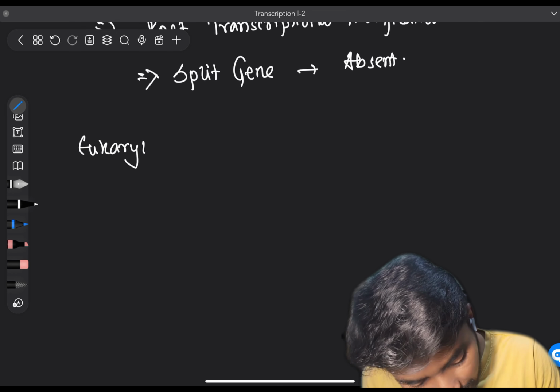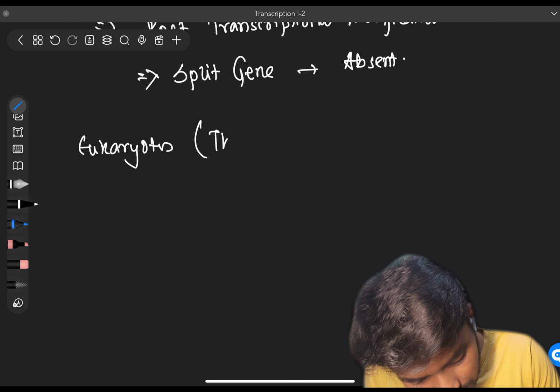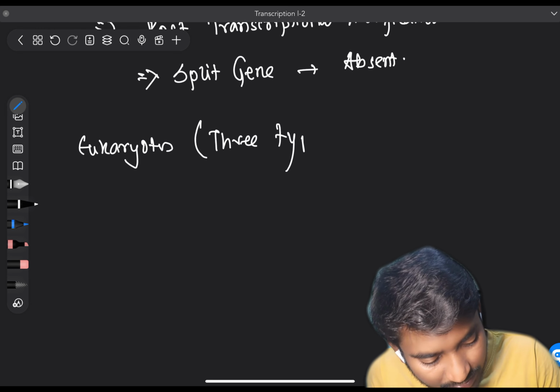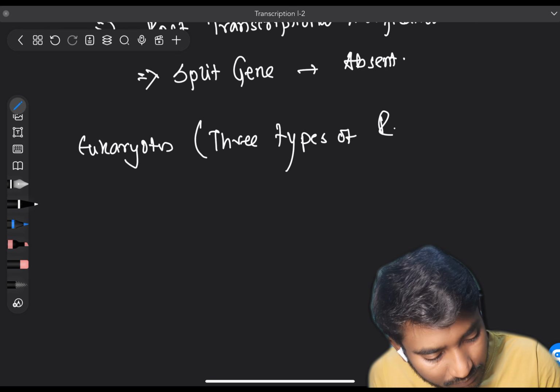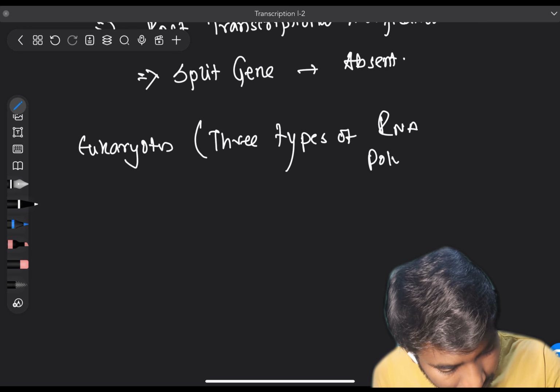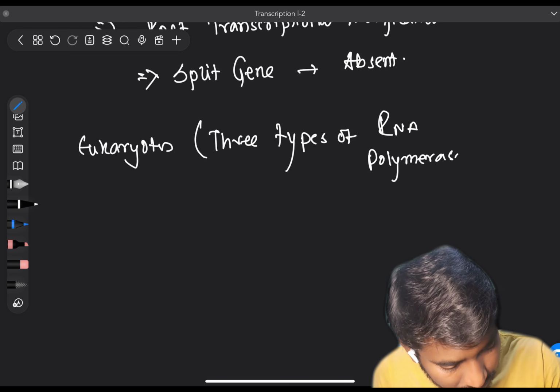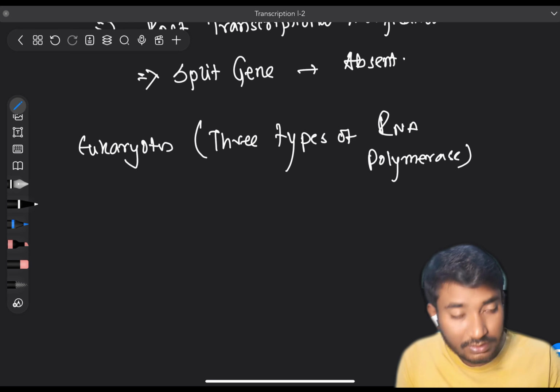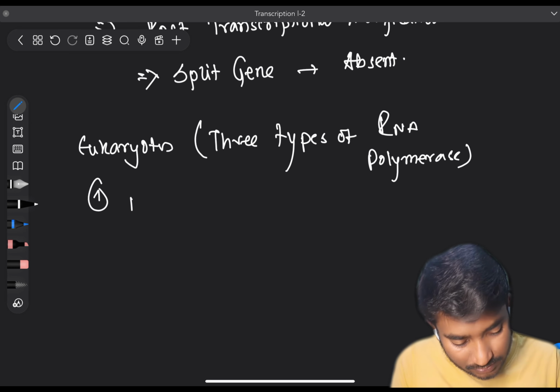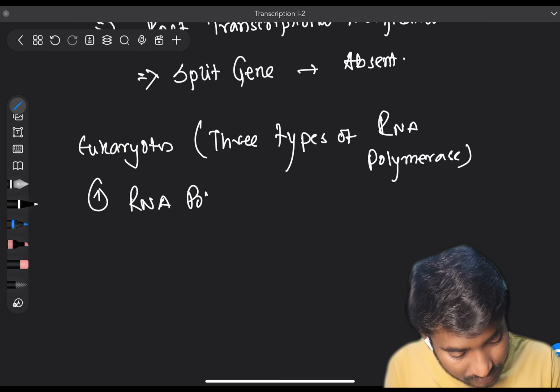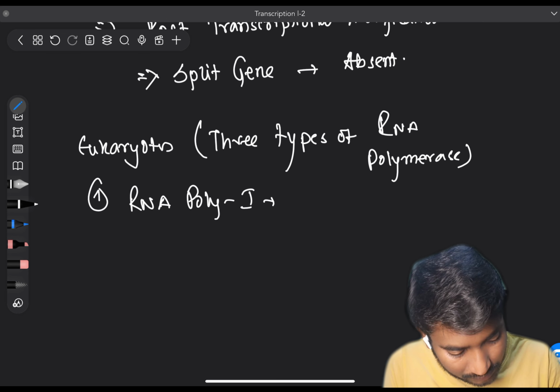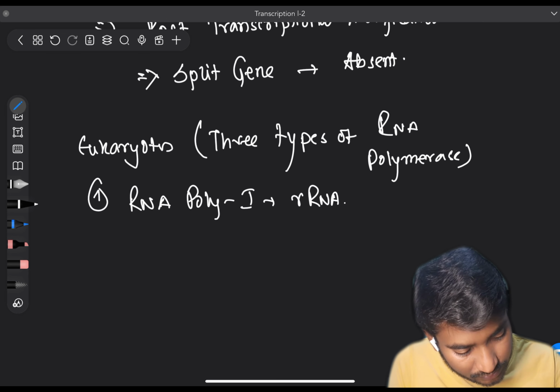In eukaryotes, three types of RNA polymerase are there. One, RNA polymerase 1. It codes for 5.8S rRNA, 18S rRNA and 28S rRNA. This question comes in NEET every year.